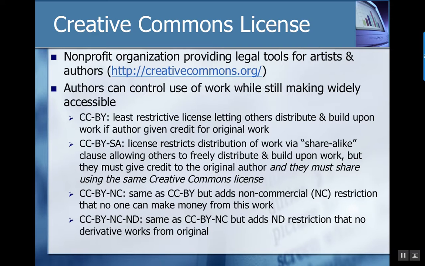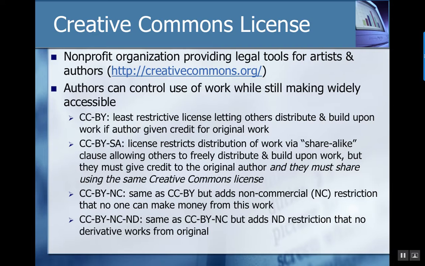These are some guidelines. CC BY is basically you let other people use it and build upon it, so long as the author is given credit. CC BY SA restricts distribution of the work with a share-alike clause. They must give credit to the original author, and they must share it using the same license as well. CC BY NC is the same as CC BY, but adds a non-commercial restriction.